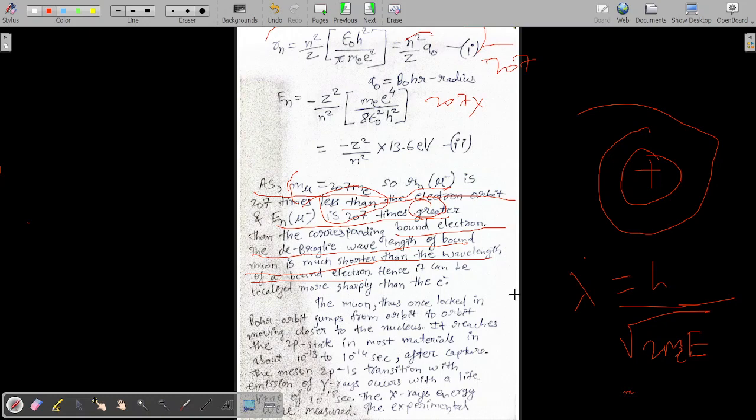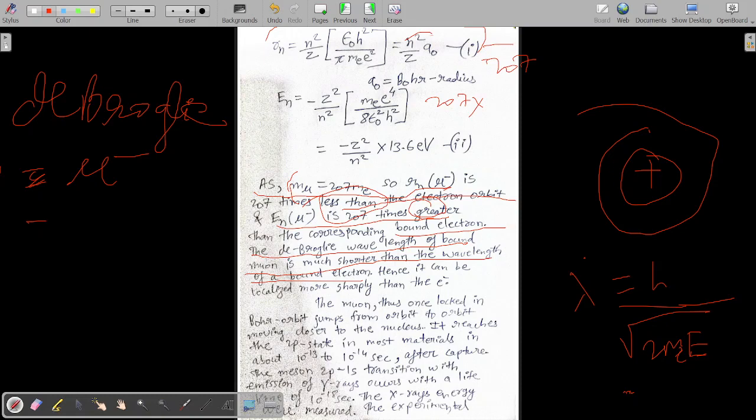So the de Broglie wavelength of a muon will be less than that of an electron, because the muon has greater mass and the wavelength is inversely proportional to mass.